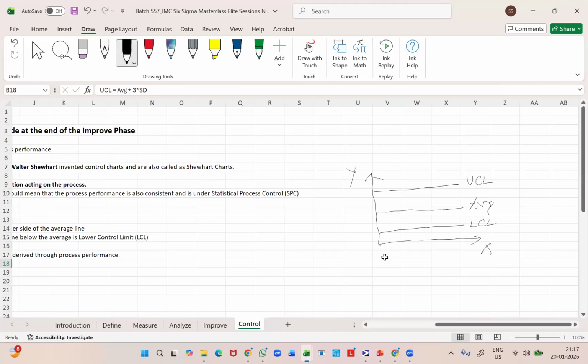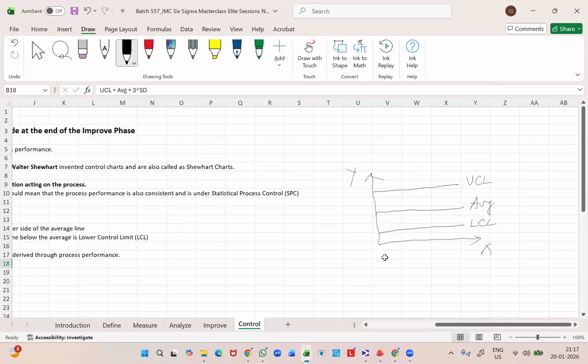Because we have already seen that 3 into standard deviation, or the 3 sigma limits, would cover 99.73 percent of the data points in a normal distribution, right? And this 99.73 percent is approximated to 100%.